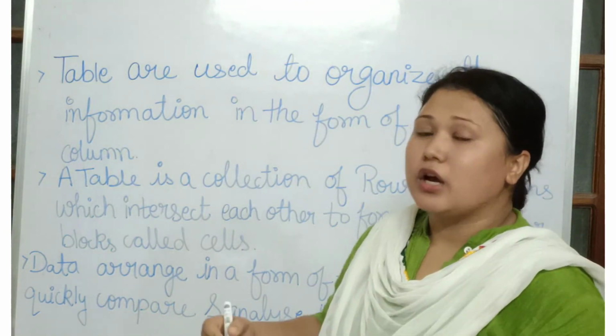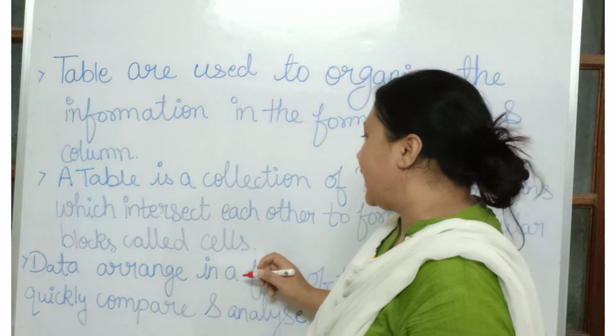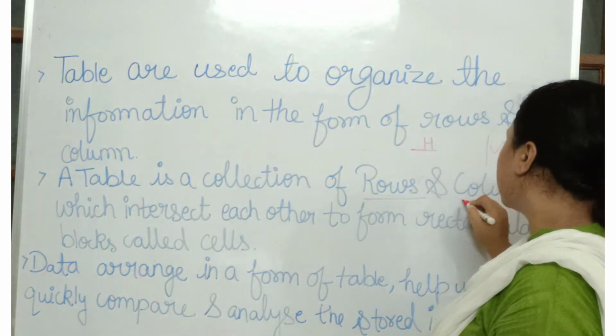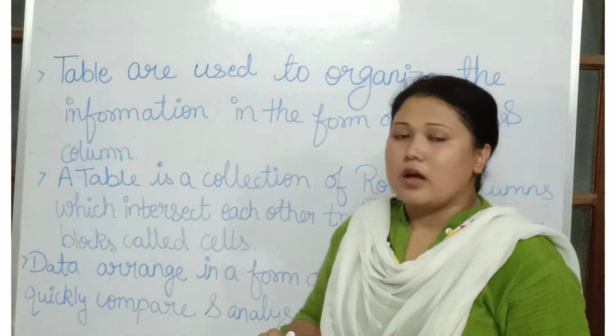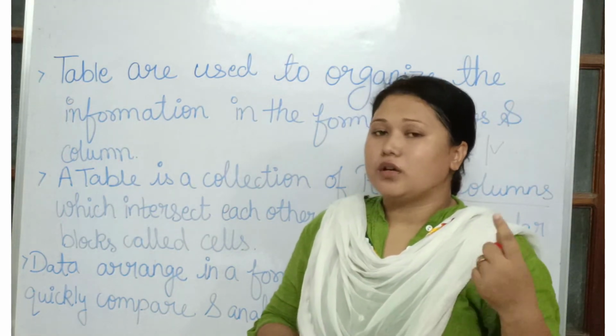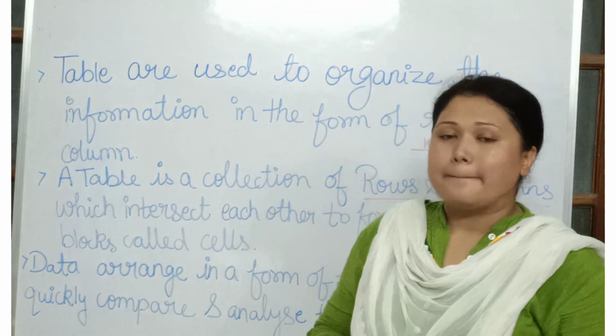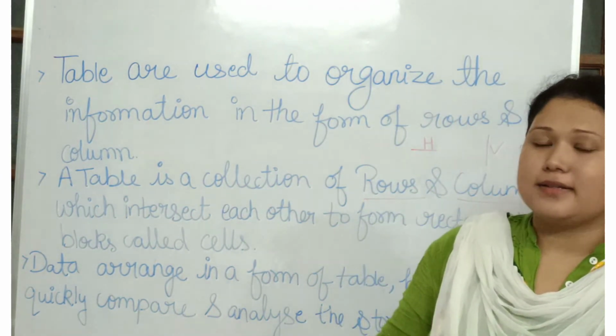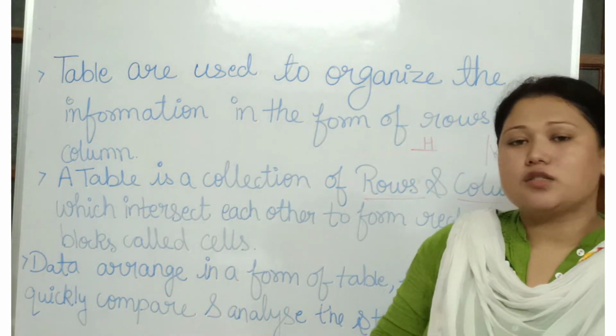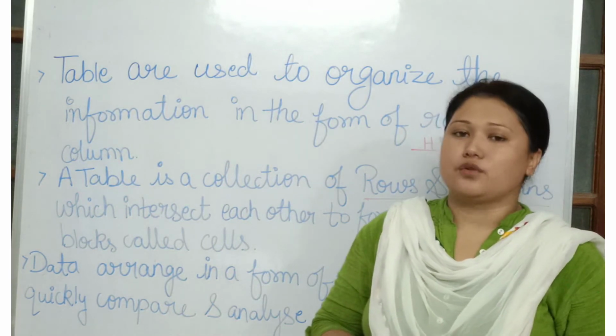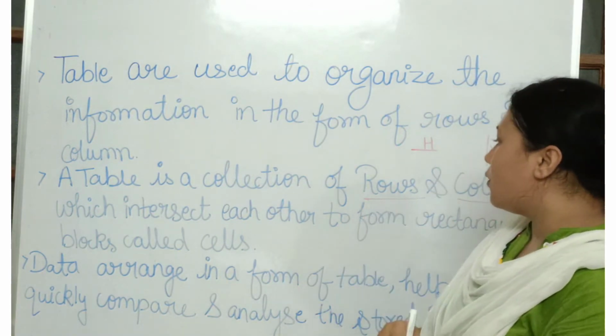Now here are two new words, rows and columns. Rows you might have heard before, but the form of these two lines is quite confusing. Now what is a row?